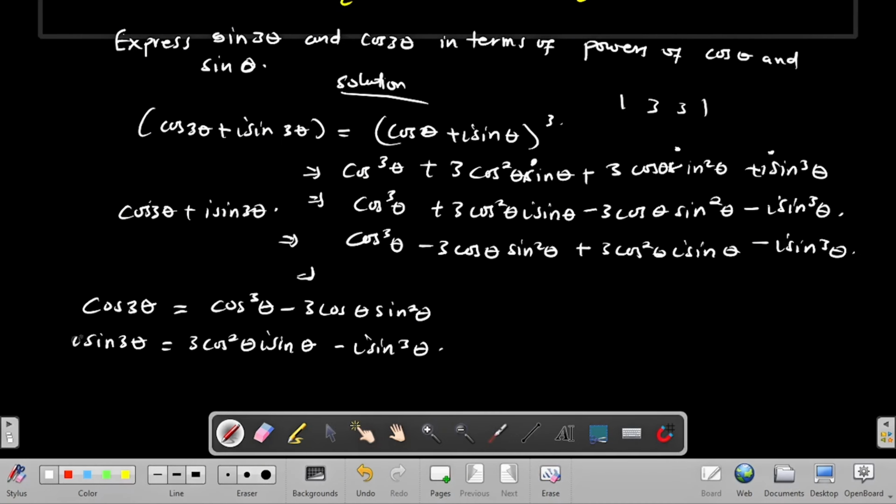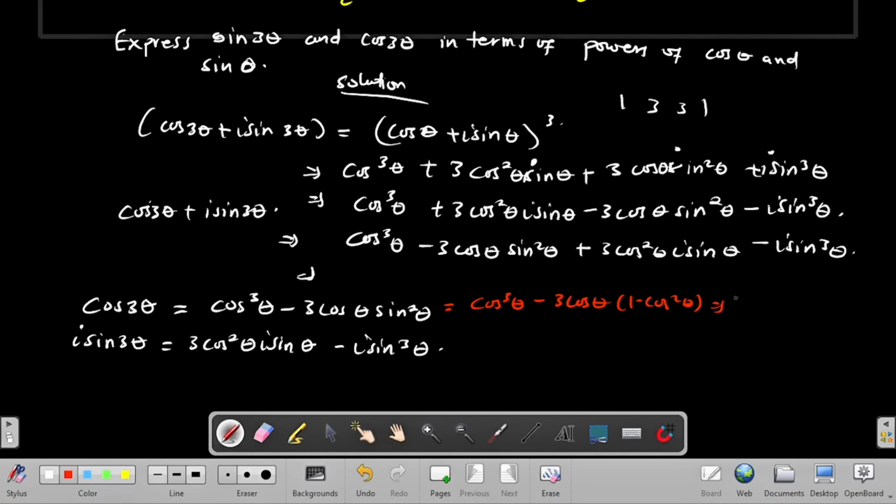Remember that we are equating our real parts and imaginary parts, okay? So for the first part, let me use red. I have cos cube theta minus 3 cos theta sine squared theta. You know generally that sine squared theta is the same as 1 minus cos squared theta, so I can express everything in cos. So cos cube theta minus 3 cos theta, open bracket, 1 minus cos squared theta.